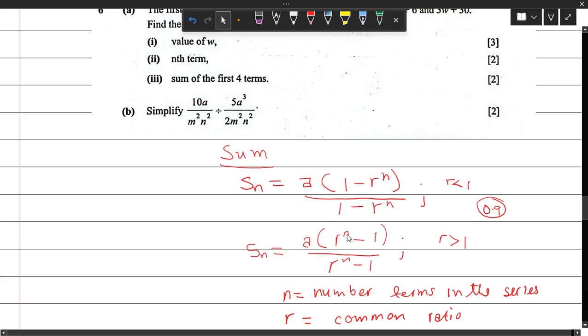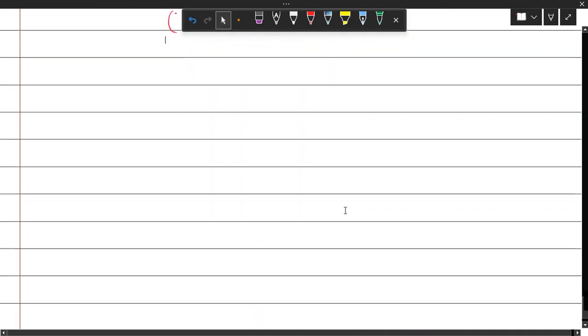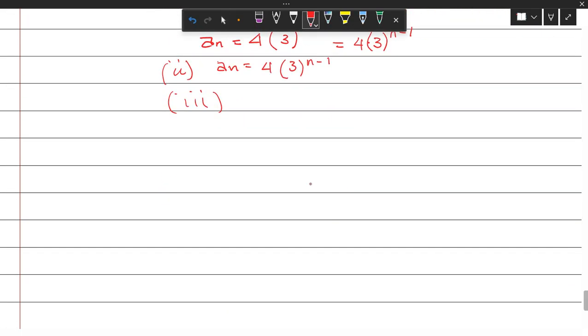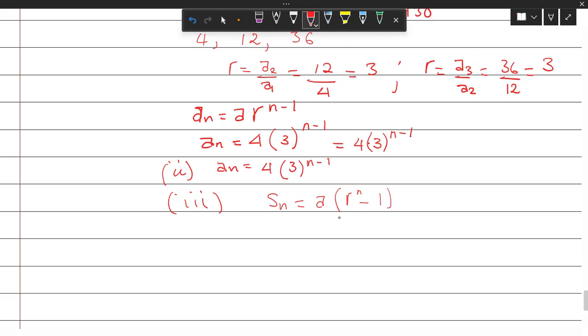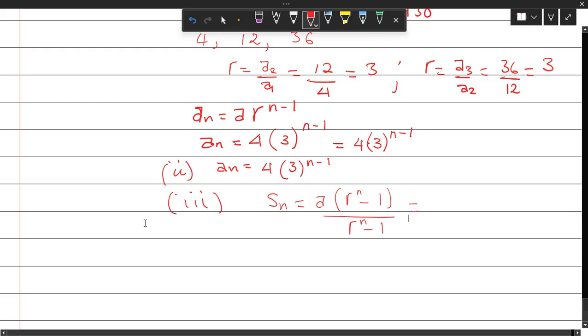Okay, so quickly write it here. The sum Sn equals a, open bracket, r to the power n minus 1, over r minus 1. So we know what a is. A is the first term. So what is our first term? We've already calculated a here.